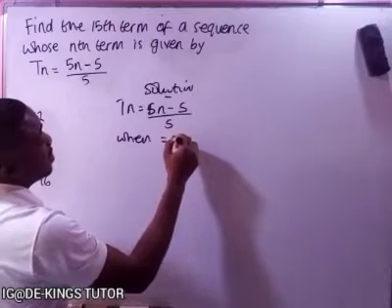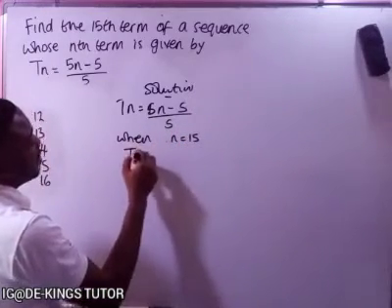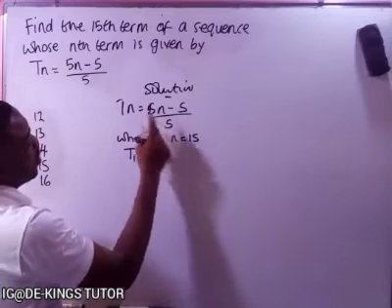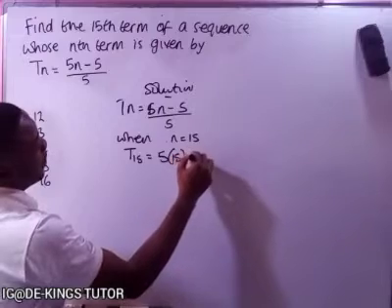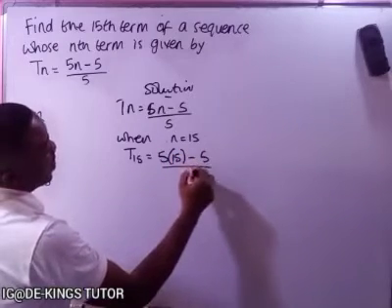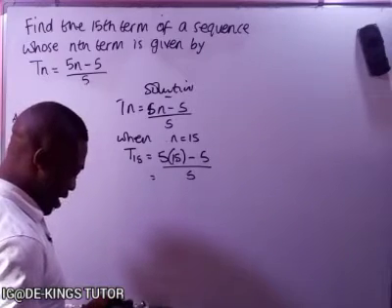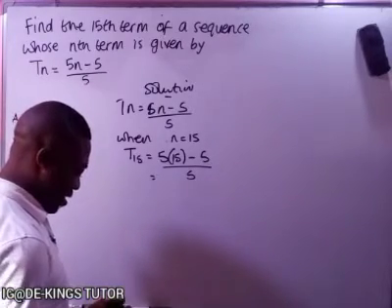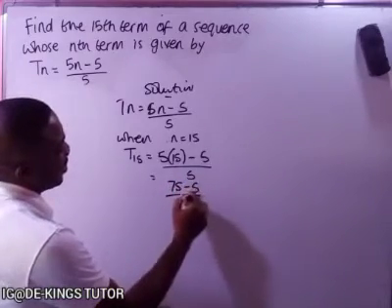When n equals 15, we have T15 equals 5 times our n here, which is 15, minus 5, all divided by 5. Using our calculator, 5 times 15 is 75, minus 5, divided by 5.